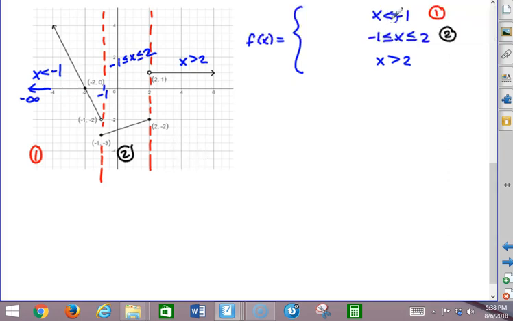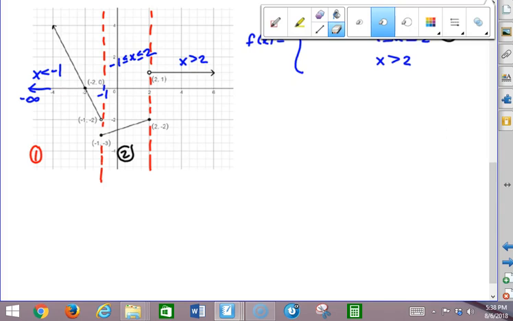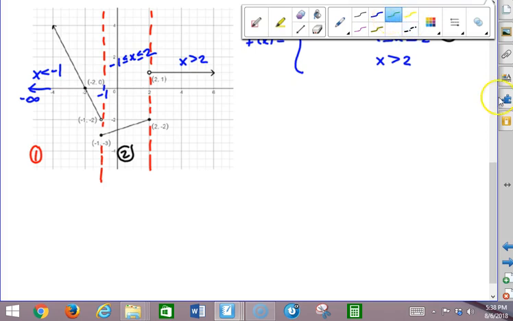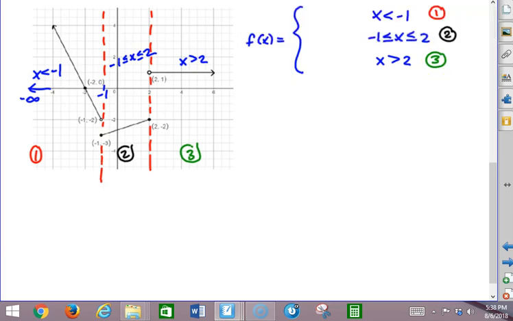Let's try this again. Where's my color? Section number 3. Okay, so section number 3. All right, so going back to my red. Where's my red? Oh, it's not showing up. That's very odd. Red pen.